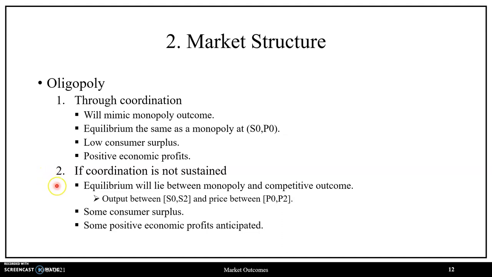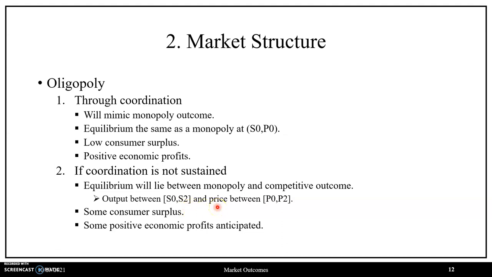Overall, this will then have the effect of decreasing market price in equilibrium and raising the output level in equilibrium as well, such that when coordination is not sustained, the equilibrium for the oligopoly will lie somewhere between that of the monopoly and competitive market structure outcomes, where output will be between S0 and S2, that is the output level of the monopoly, and that of the long-run equilibrium for the competitive market.